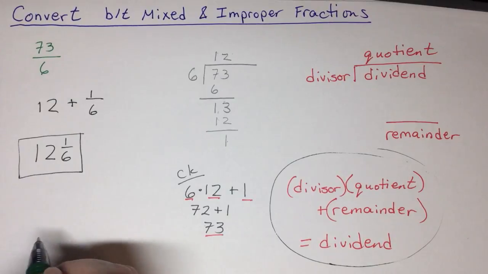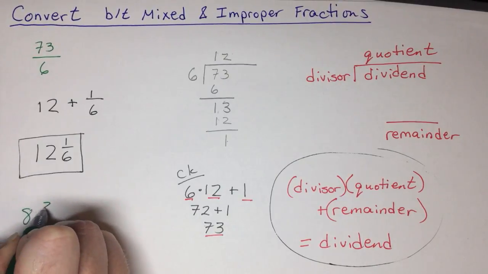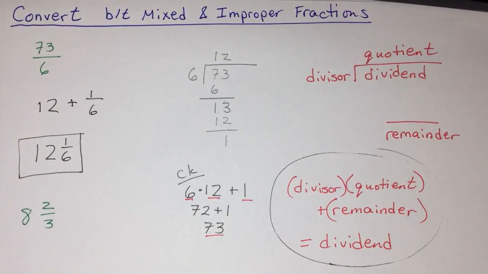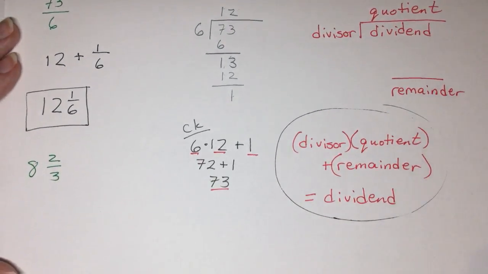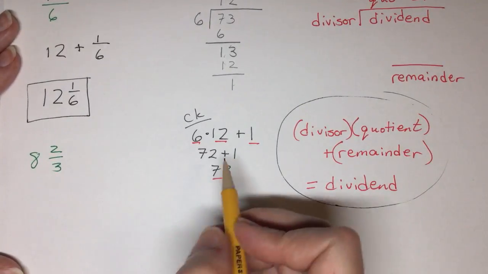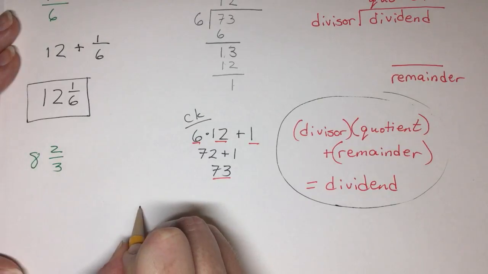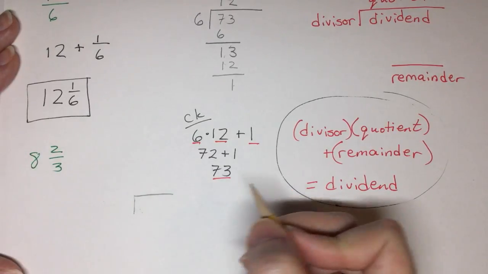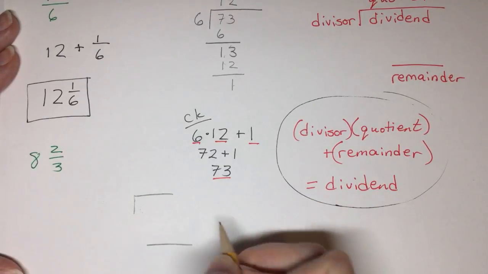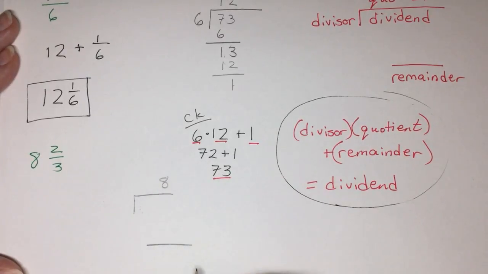And if I had 8 2/3 as a mixed number and I want to write this as an improper fraction, well, I can be thinking here of what the division would look like. I have a quotient of 8, a divisor of 3, and a remainder of 2.